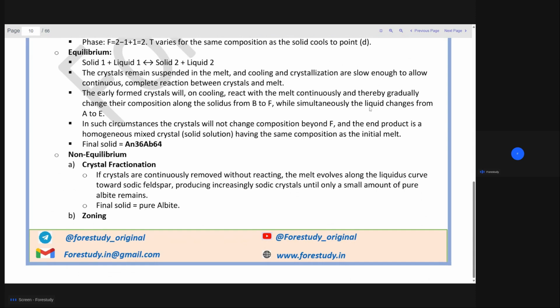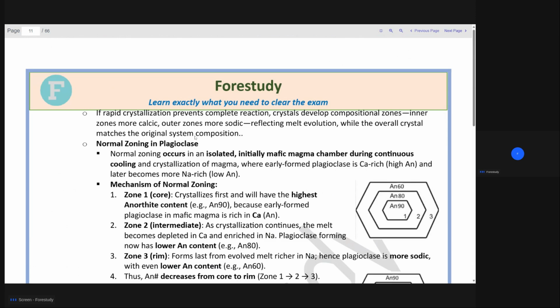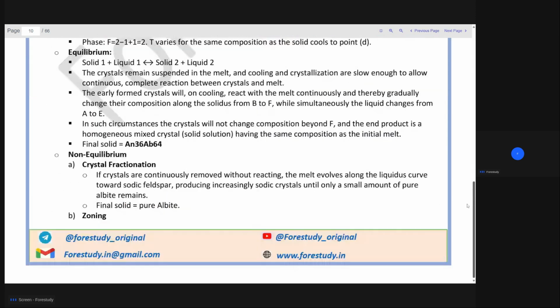Now comes zoning. But before going to zoning, let me give you a brief study of this crystal fractionation. Purely fractional crystallization involves the physical separation of solid from the melt as soon as it forms.